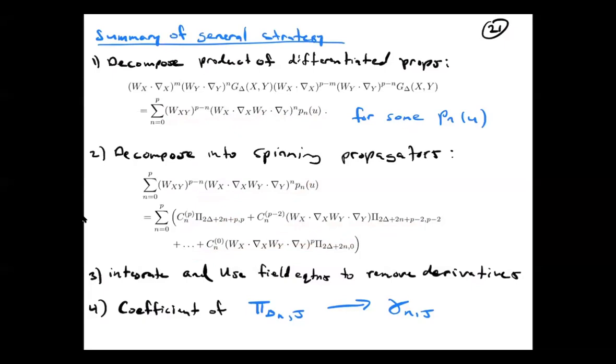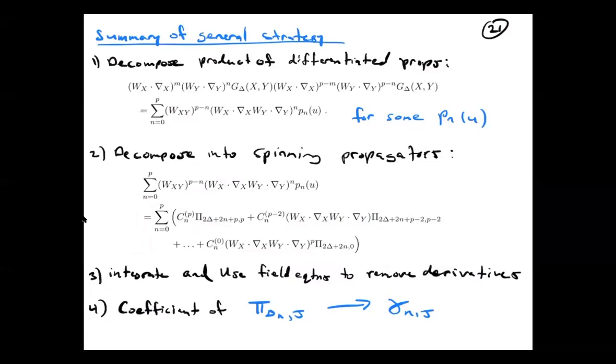You get just a bunch of algebra; you can see there's a bunch of things flying around, but it's really quite straightforward. Once you're at this form, this is what we want: an expansion in terms of propagators and their derivatives. Then you integrate this over AdS with endpoints separated by one thermal translation. The derivatives, you can remove by integration by parts and the field equations, replacing derivatives by field equations.